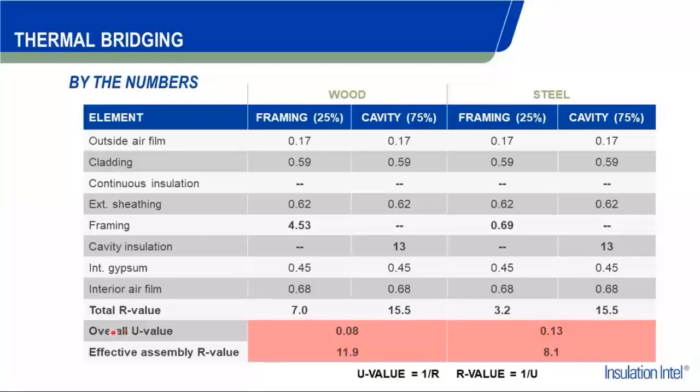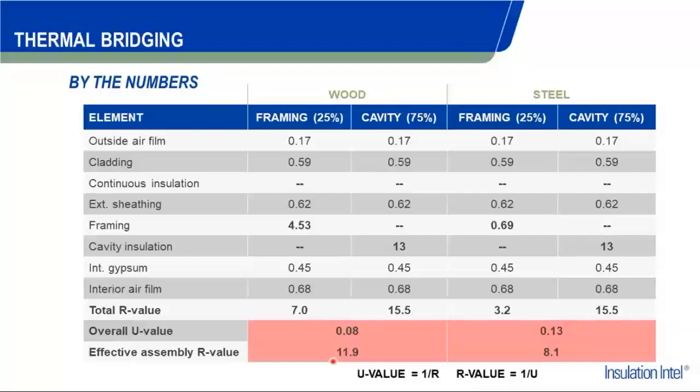The only difference here is that we have a U value in the second to the last line of this chart, which is the inverse of the R value. But we're basically taking these calculations to figure out what the effective assembly R value would be from the actual assembly of this wall.